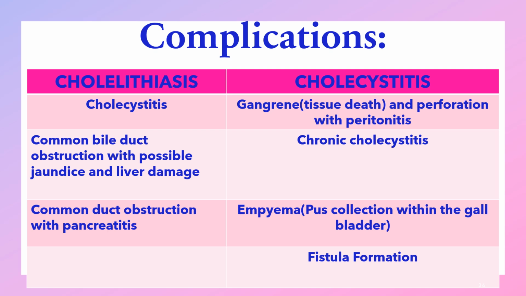So for instance, an opening between the gallbladder and directly into the abdominal cavity. The gallbladder is self-contained. It's meant to hold bile. It's meant to take bile from the liver and push it into the duodenum for digestive purposes. If a fistula forms between the gallbladder and the abdominal cavity, we now have that leaking into the abdominal cavity.